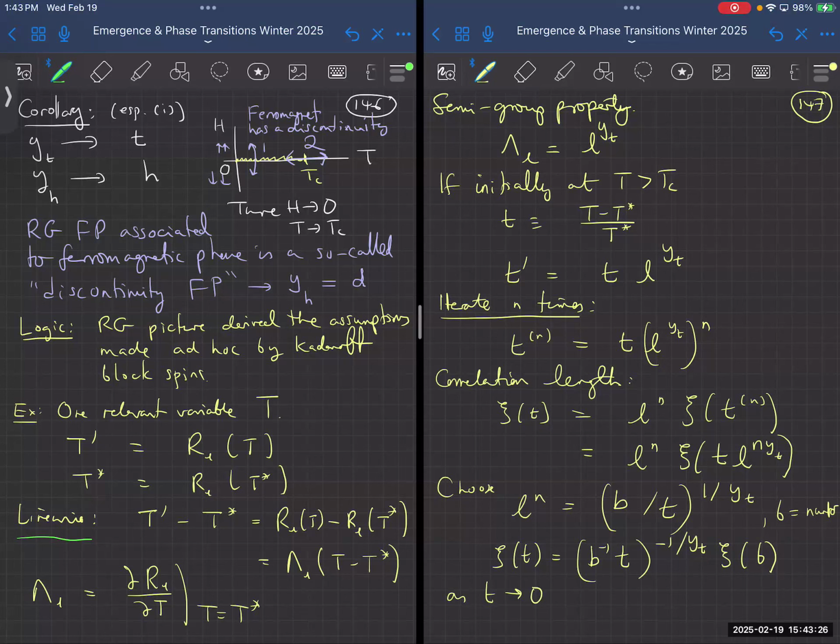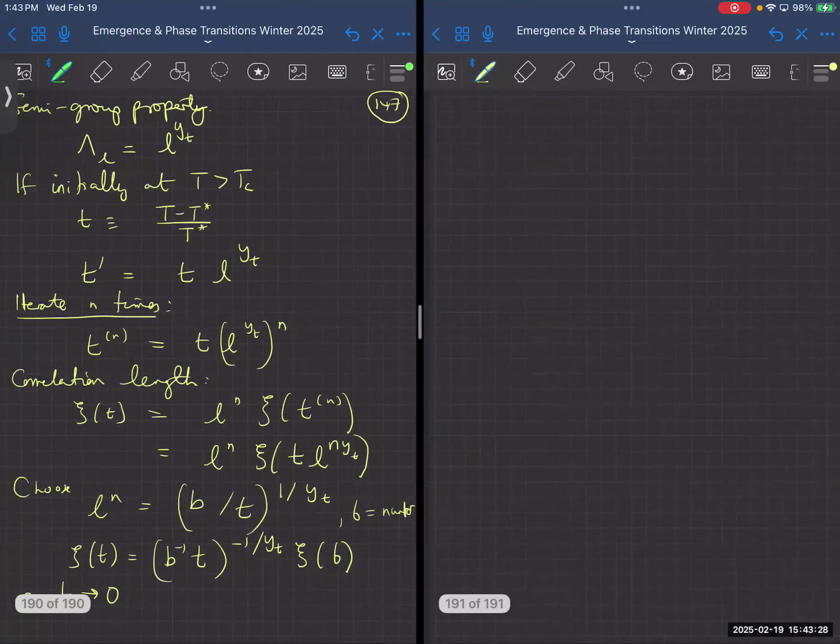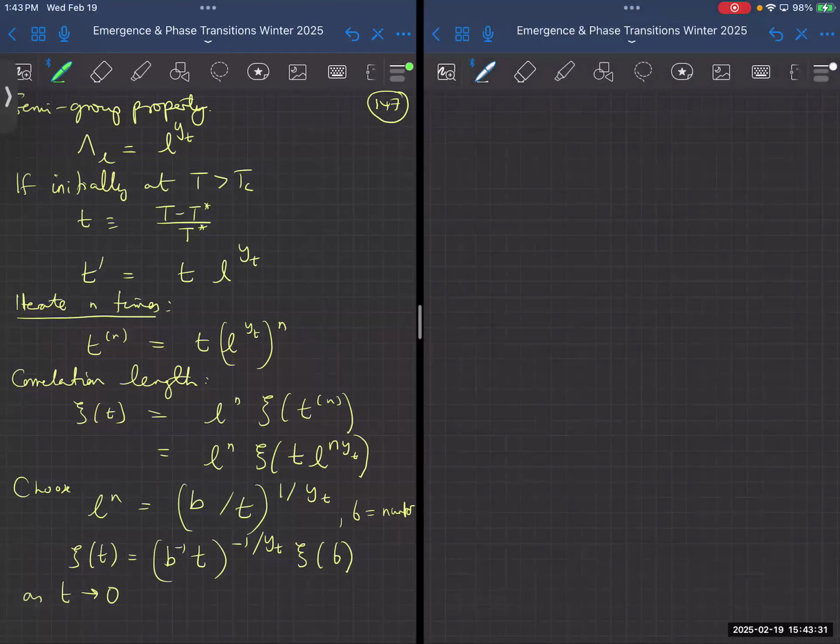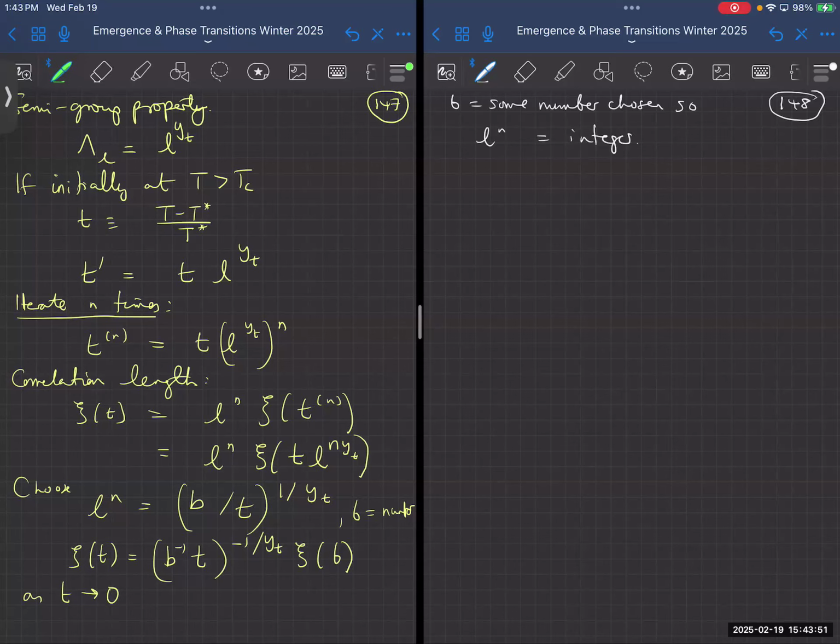Okay, so why is this great? Well, you're thinking, this is like what we did with Kadanoff's block spins before. So b is equal to some number chosen, so L to the n is some integer. And what we've seen then is that psi of t goes like the correlation length at b.